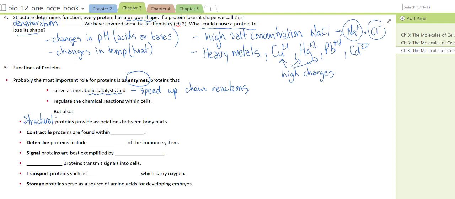We have contractile proteins found within our muscles themselves to help our muscles move. We have defensive proteins, which include a whole list of antibodies that our body makes from our immune system. We have what are called signal proteins.